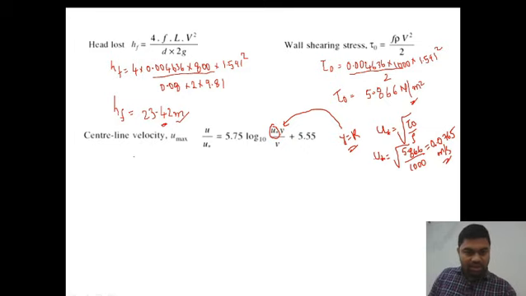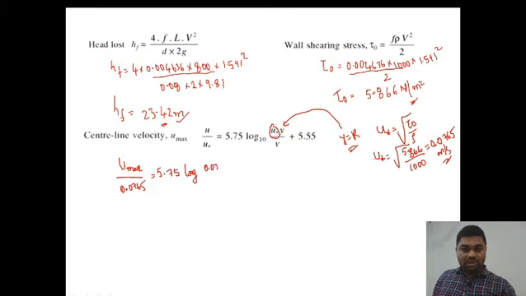Now, let us substitute in this equation. The equation becomes u max by the shear velocity u star, 0.0765, is equal to 5.75 log of u star, again the shear velocity 0.0765, into y, which is replaced with R, that is 0.04, divided by kinematic viscosity nu, 0.015 into 10 to the power of minus 4, log to the base 10, plus 5.55.